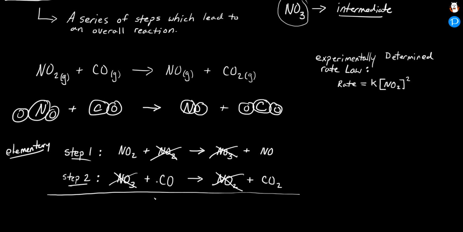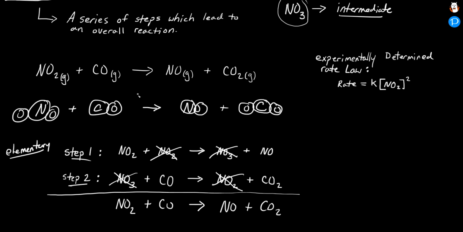Now if I add these together, for the total on the left-hand side of these reactions, I have NO2 and CO. And then on the right-hand side, I have NO and CO2. So when I add these two elementary reactions together, these individual steps, I end up with the overall balanced equation.